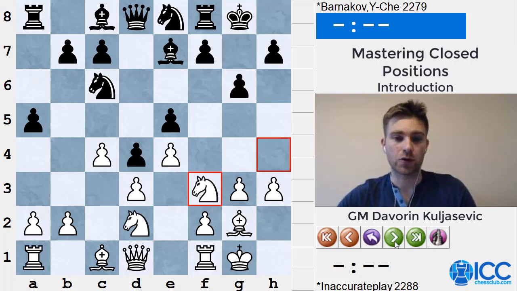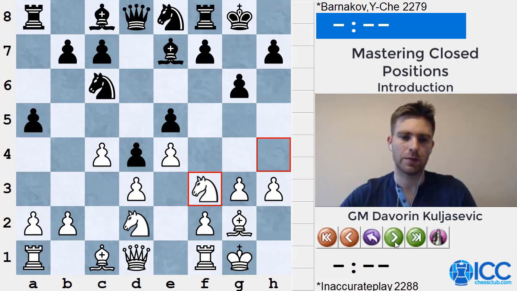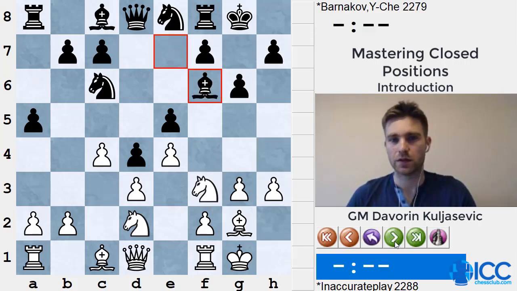Now the question is, how should black continue? And here black opted for a maneuver which is quite slow, and I'm not sure how much it accomplishes for him. He played the move bishop f6, trying to transfer his bishop to g7 and then play f5.